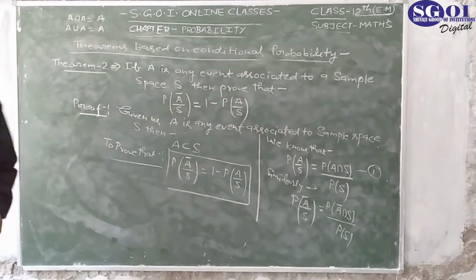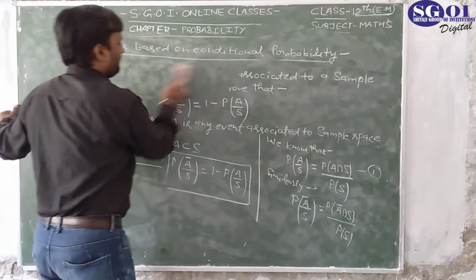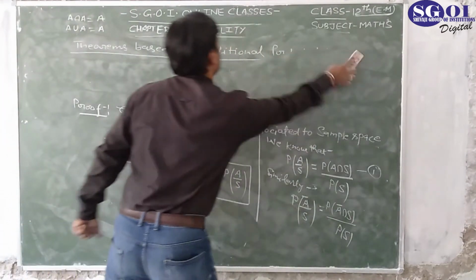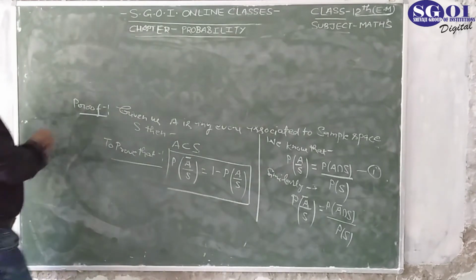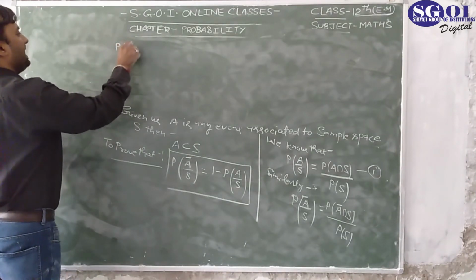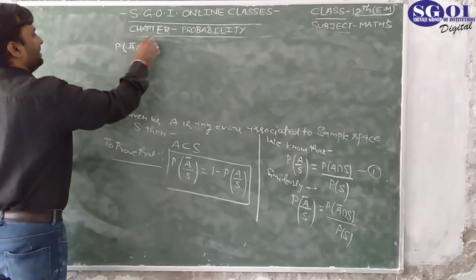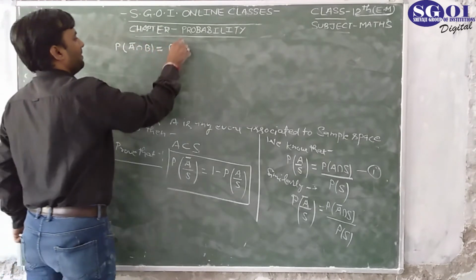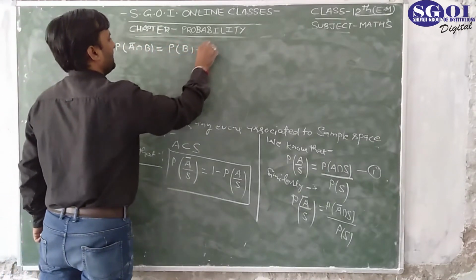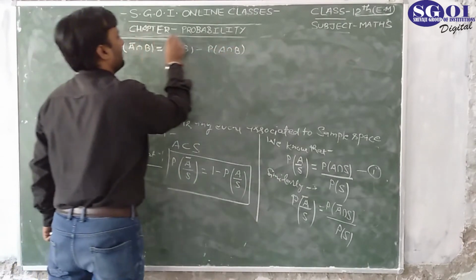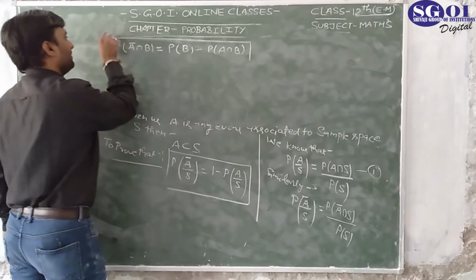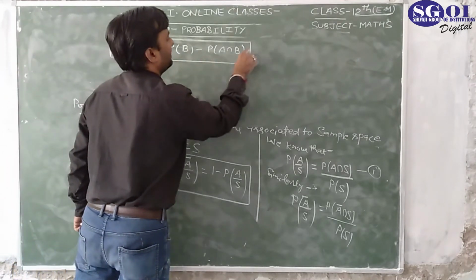Now I have told you a formula earlier in this video. The formula is that probability of A bar intersection B is equal to probability of B minus probability of A intersection B. I have told you this formula in an earlier part of this video.